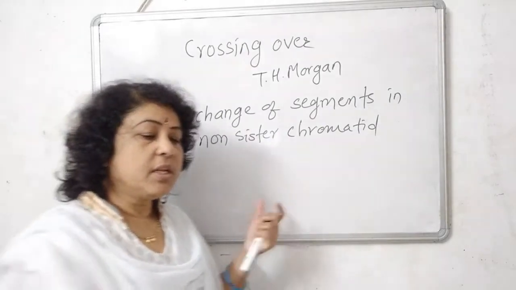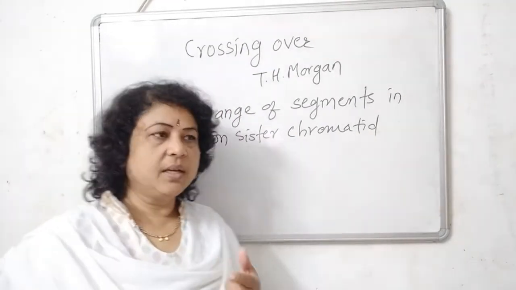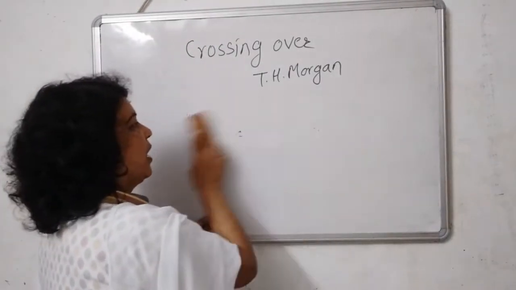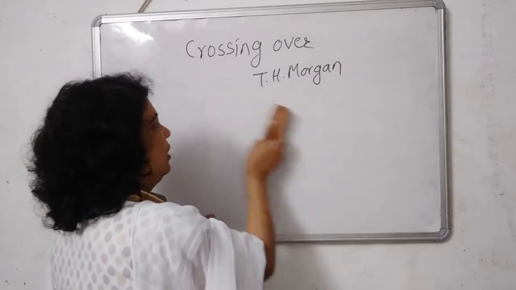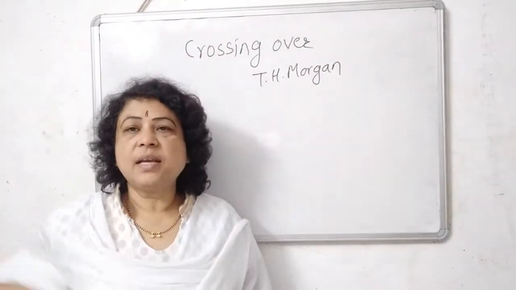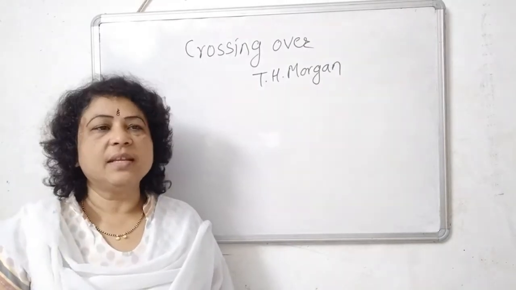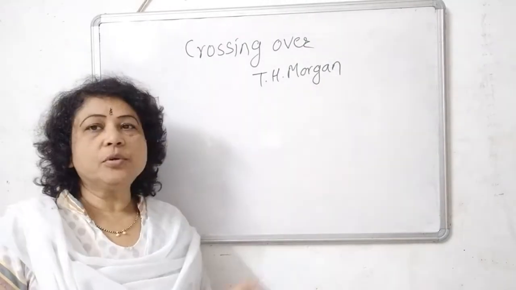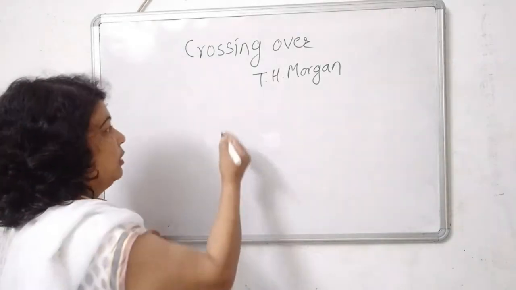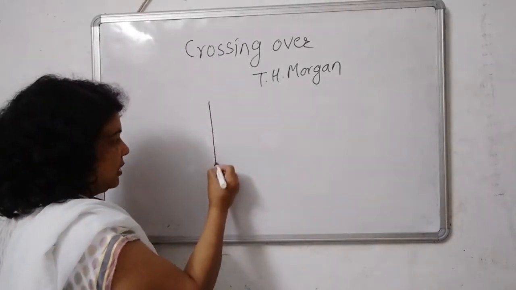So what is meant by non-sister chromatids and sister chromatids? When we study the nucleus, in a diploid organism there are chromosome pairs, and those pairs are known as homologous chromosomes.